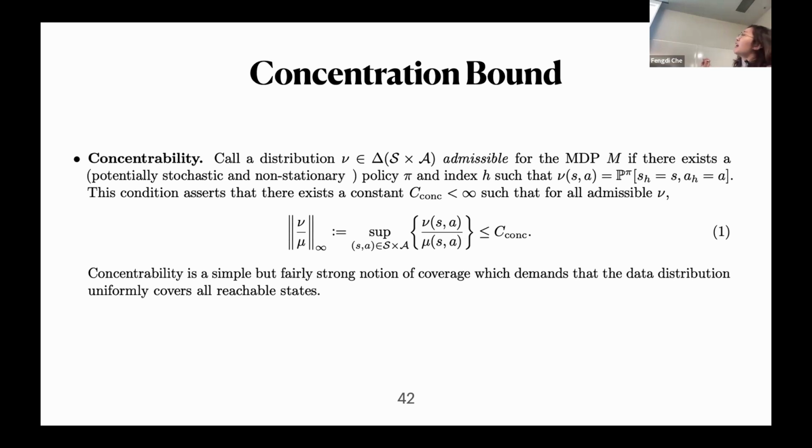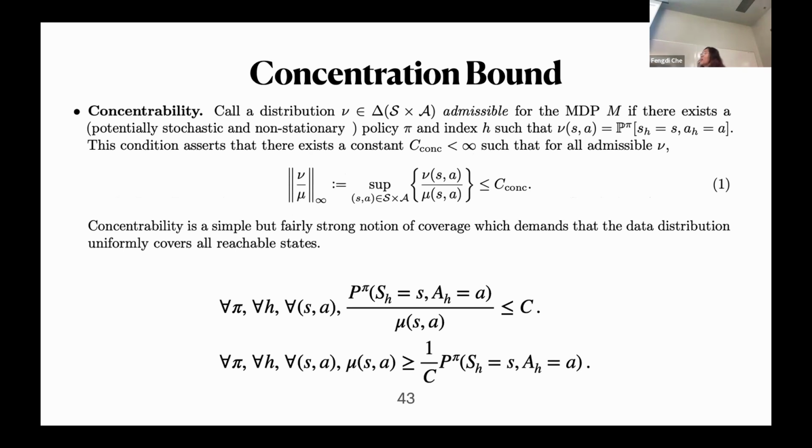And then after defining the admissible distribution, it goes into this condition. This condition requires a constant C, so that for any admissible distribution nu, the ratio between the distribution nu and our data generation distribution mu is smaller than this constant for all state action pairs.